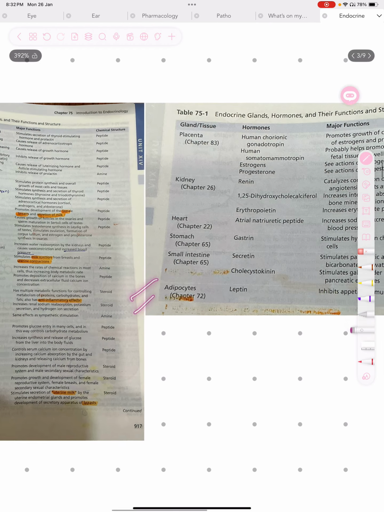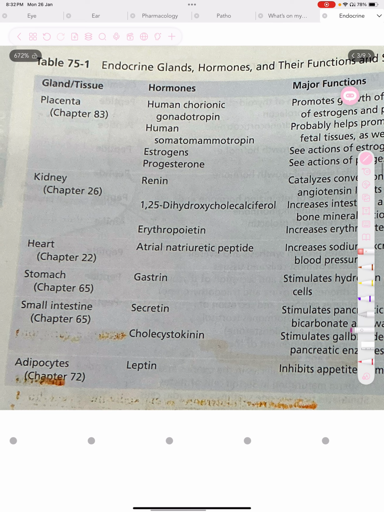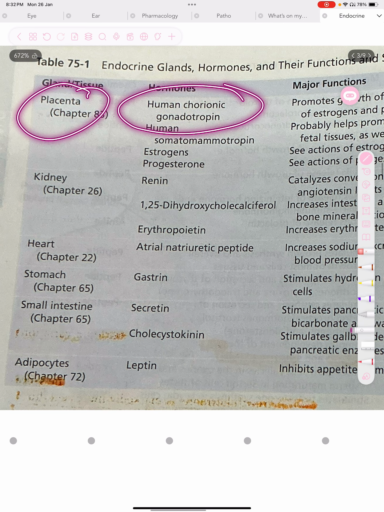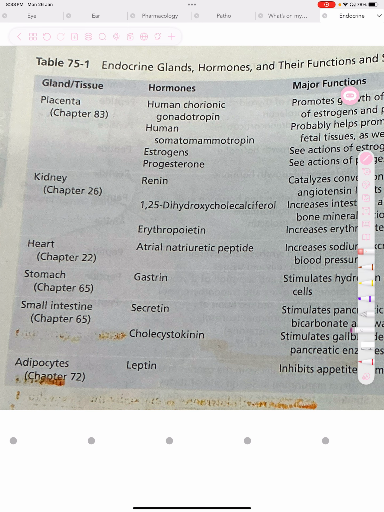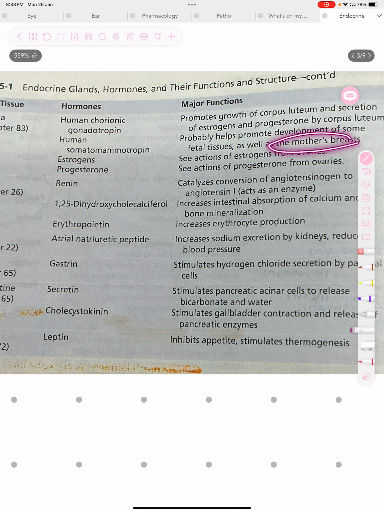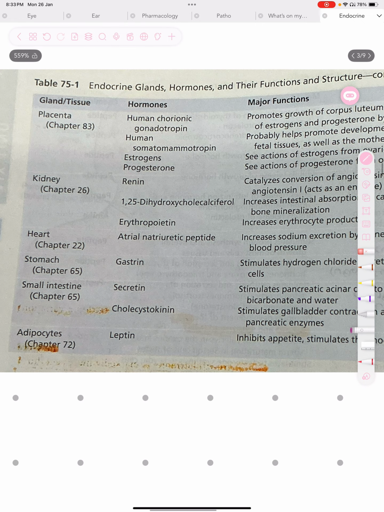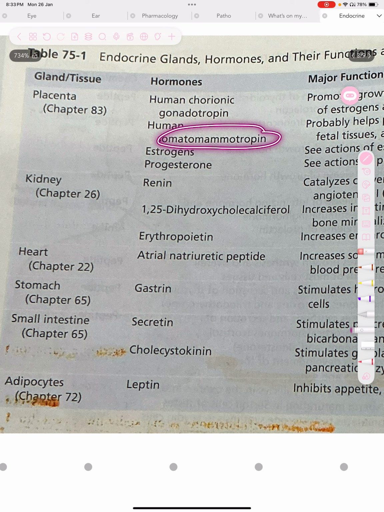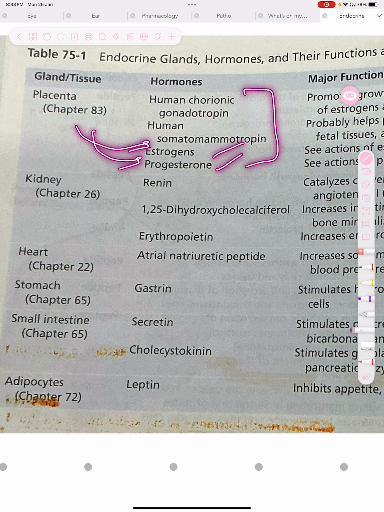Now moving forward, these are some glands and tissues as well. The placenta secretes human chorionic gonadotropin, which is a very important pregnancy test as well. Then human somatomammotropin. We're not going to get into the details of functions, but you need to know. The placenta secretes estrogen and progesterone as well along with these.